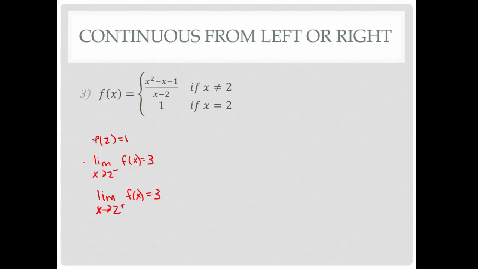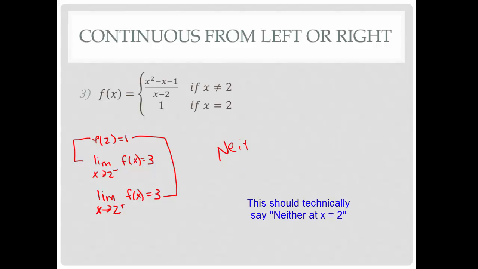Well, we need to compare the left limit to f of 2. Are they the same? No, so this is not continuous from the left. Is it continuous from the right? We need to compare the right limit to f of 2. Are those the same? No, so this is also neither continuous from the left nor from the right at x equals 2. I promise we'll get to one where that's not the case.